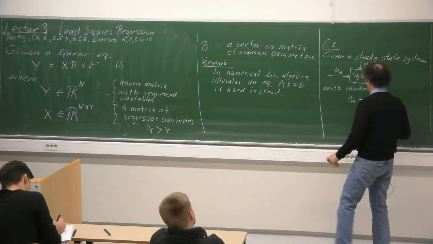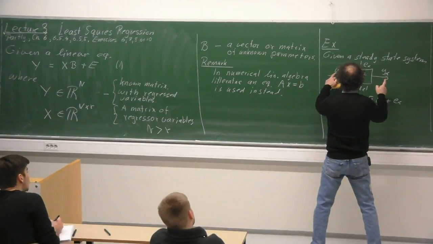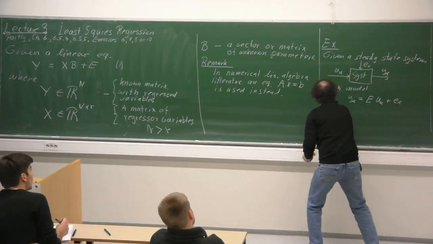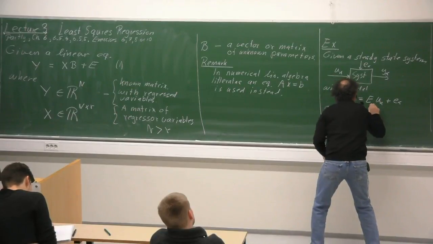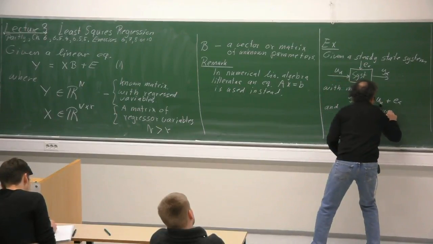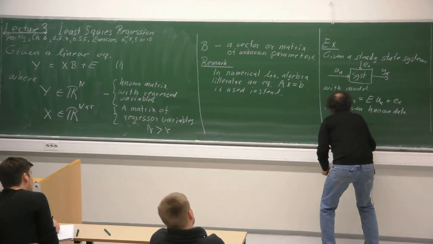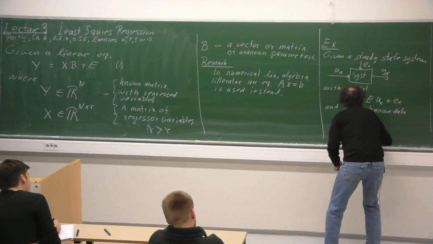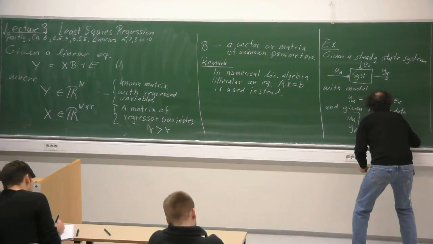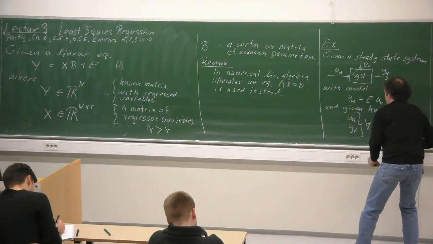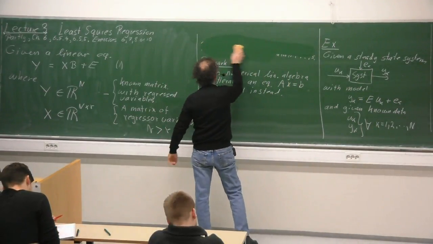And if we transpose here, and assume that we have given some observations u_k and y_k for some observations from k equal to 1 up to n, then we may find such a matrix equation.